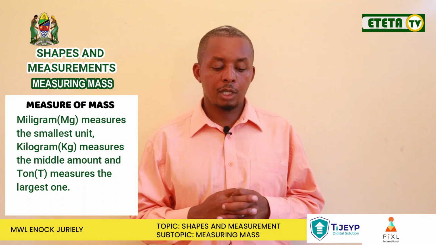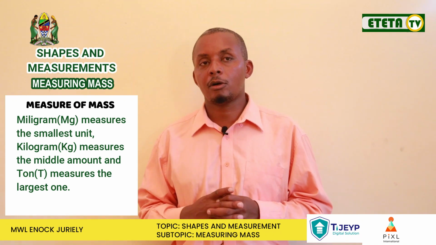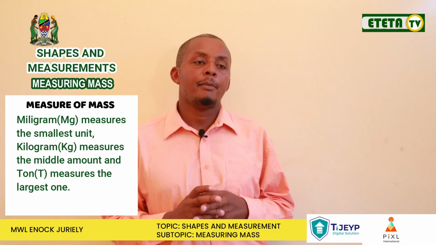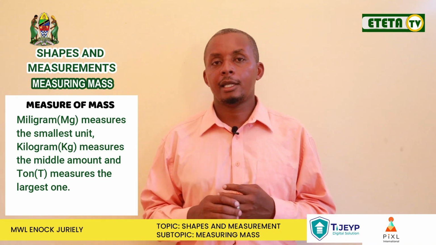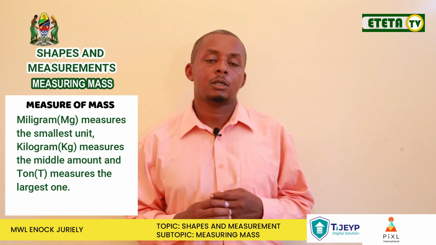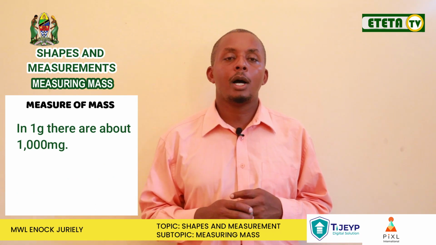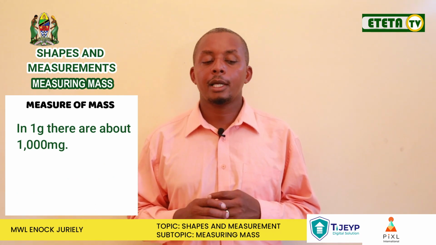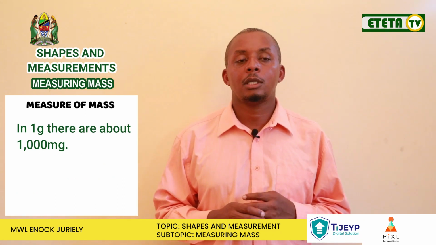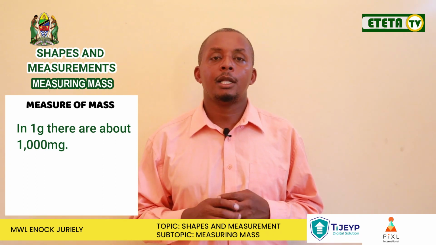Let's take a little look at how many units there are in 1 gram. In 1 gram, there are about 1,000 milligram.